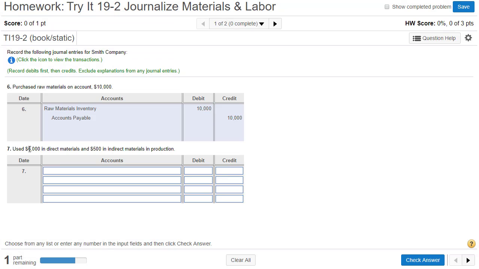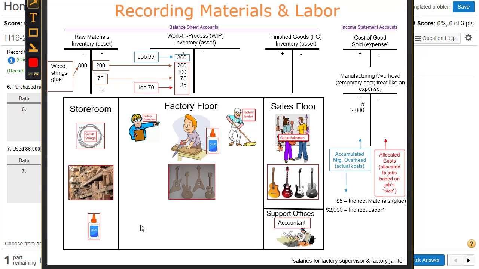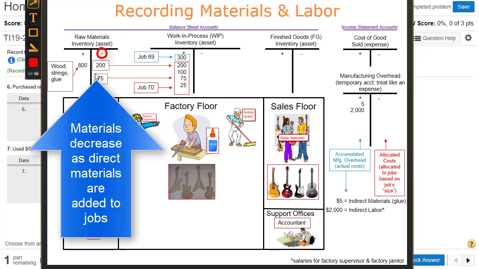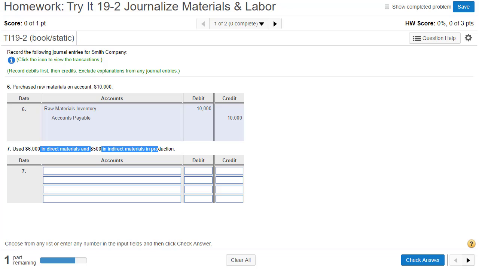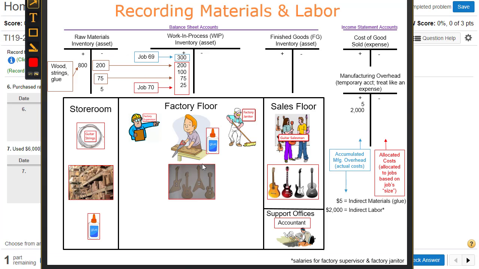All right, next we're going to use $6,000 in direct materials and $500 in indirect materials. So let's go back to our workflow diagram. We're going to take some of these materials out of this account, and the direct materials go into work in process inventory, another asset account. Direct materials are the ones that can be traced directly to the product.